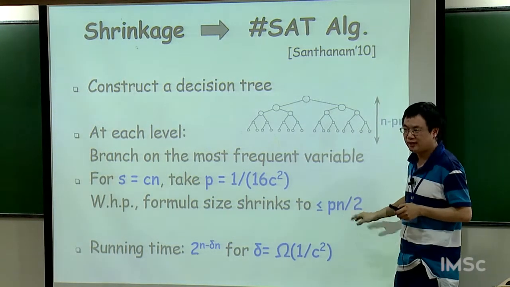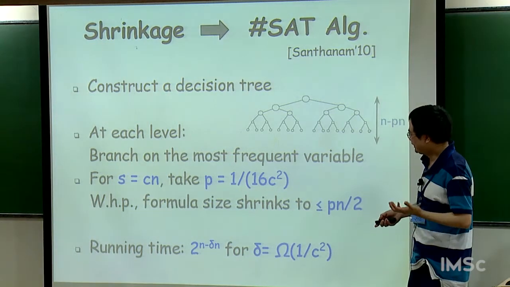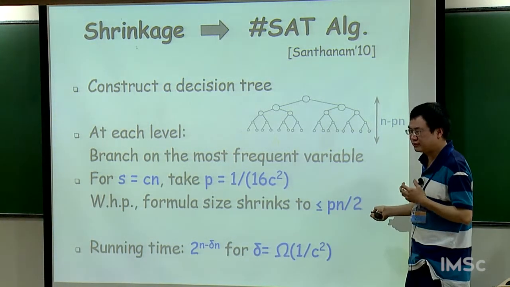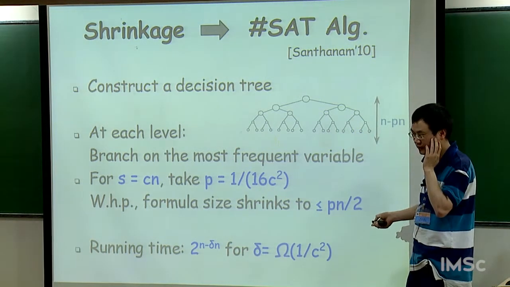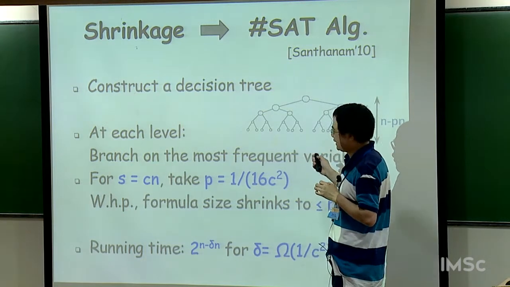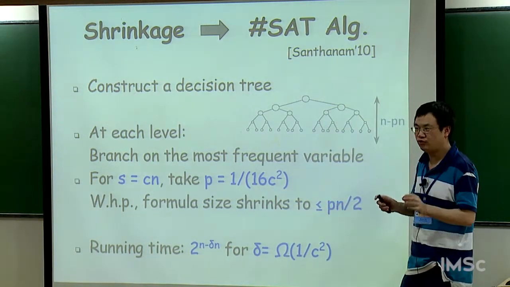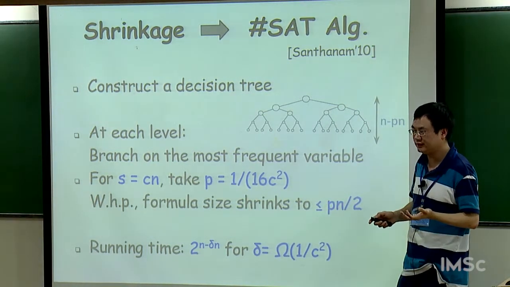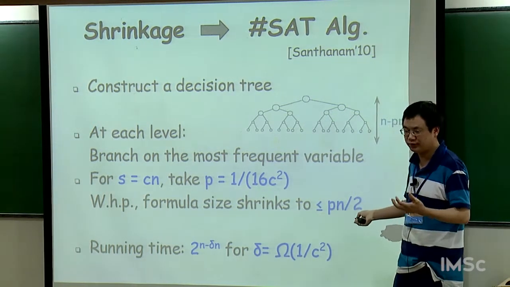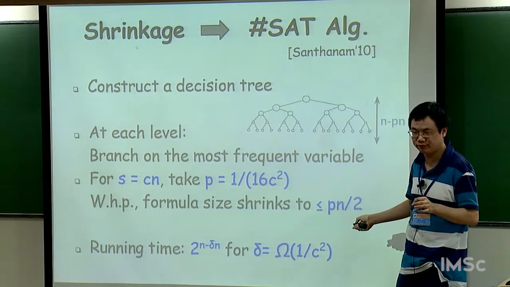That means for the shrunken small formulas, half of pn variables actually don't appear in those formulas. Now, to get SAT algorithms, for those small formulas, we can use brute force search. We can get savings there because half of the remaining variables don't appear in the restricted formulas.